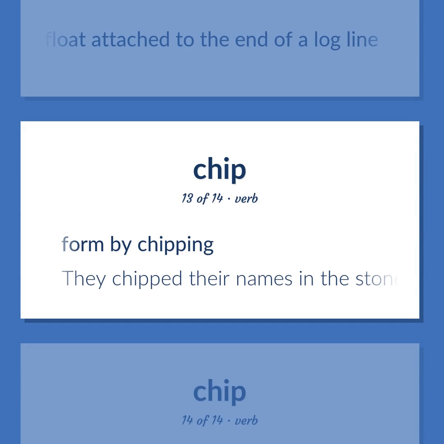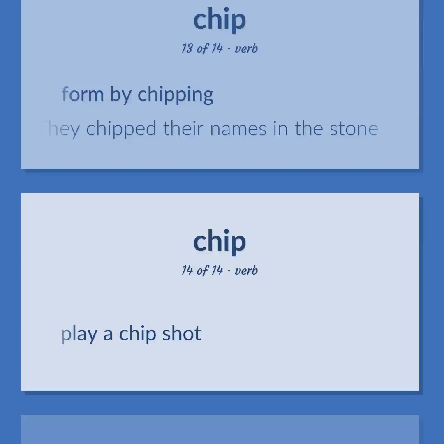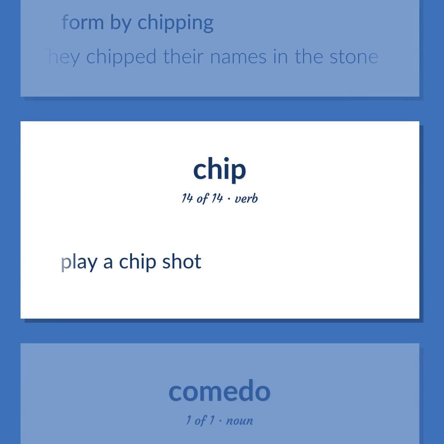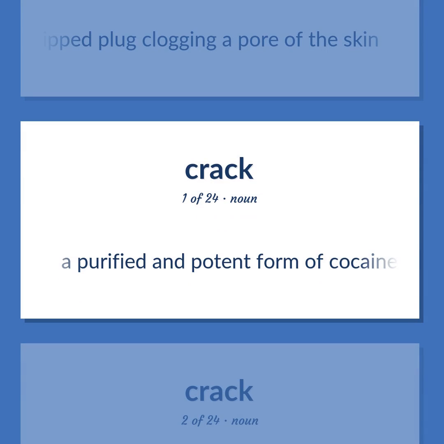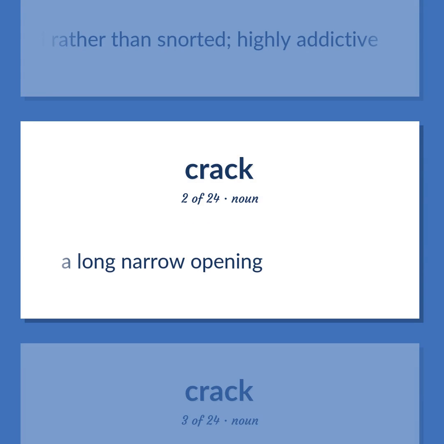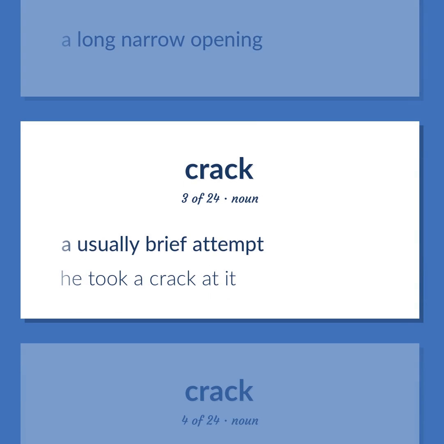They chipped their names in the stone. Play a chip shot. A black-tipped plug clogging a pore of the skin. A purified and potent form of cocaine that is smoked rather than snorted, highly addictive. A long narrow opening. A usually brief attempt. He took a crack at it.